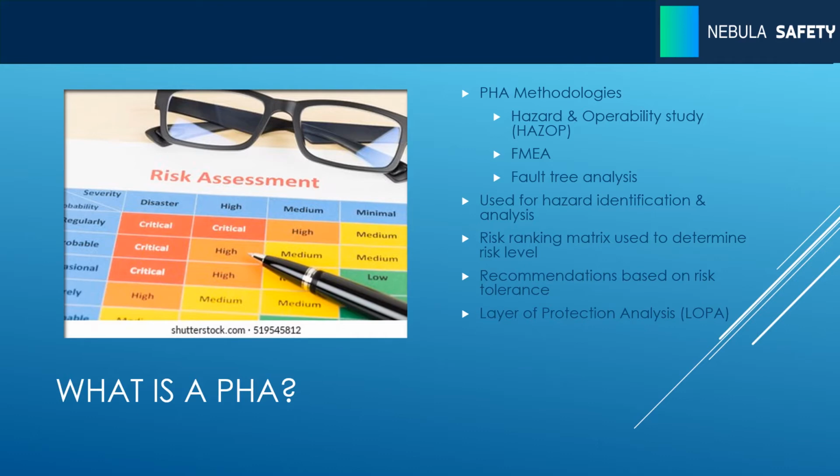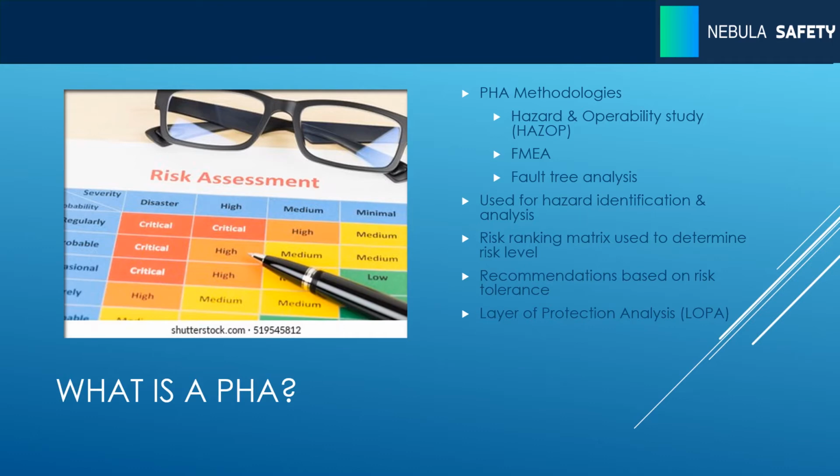There's fault tree analysis, what-if, like I said, many other methodologies, and a lot of it just depends on what the type of the process is, how complex it is, how significant the hazards that may be involved in the chemicals are, that kind of directs you as to what would be the best PHA methodology to use. One other point on that is for state mandated programs, typically you need to consult with your local regulatory authority and also allow them to provide their input on what methodology you should be using.